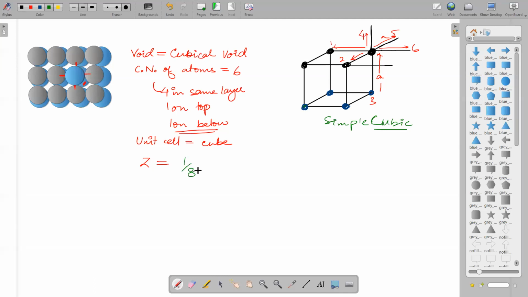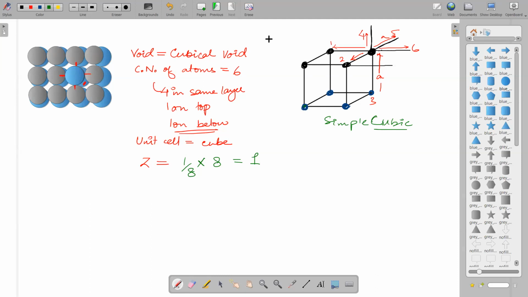Am I right? The participation of each corner atom is how much? 1 by 8, correct? Then I can multiply this by 8 because there are 8 corner atoms in a simple cubic. Now Z will be equal to 1. Is that right? Correct?